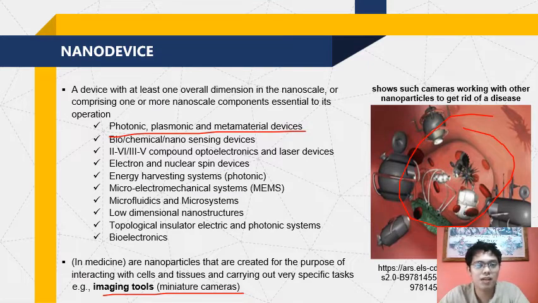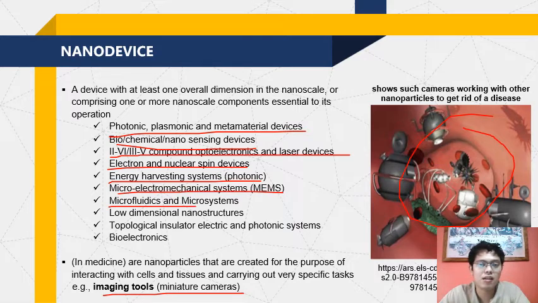We have biochemical nanosensing devices, II-VI, III-V compound optoelectronics and laser devices, electron and nuclear spin devices, energy harvesting systems, microelectromechanical systems, fluidics and microsystems, low-dimensional nanostructures, topological insulator electronic and photonic systems, and bioelectronics.